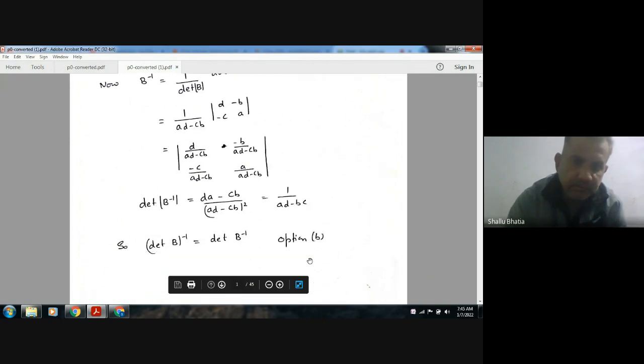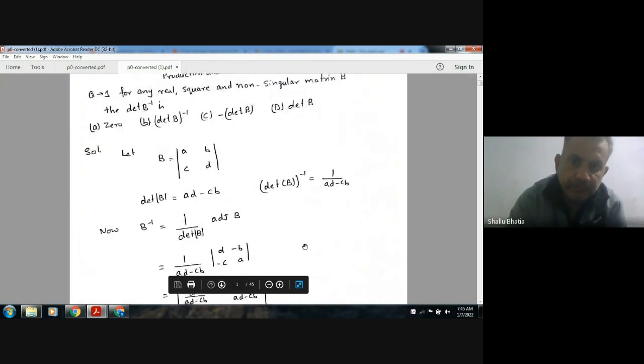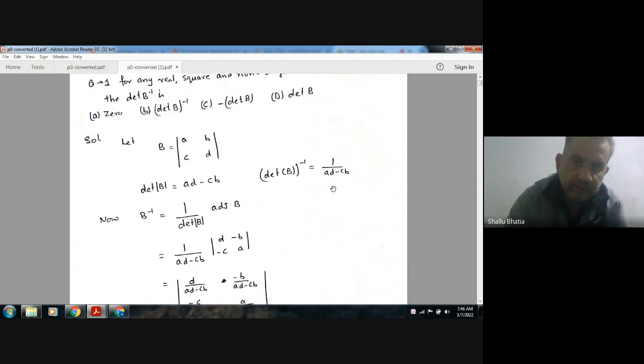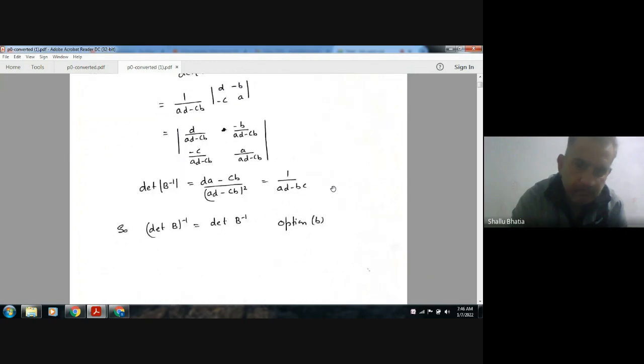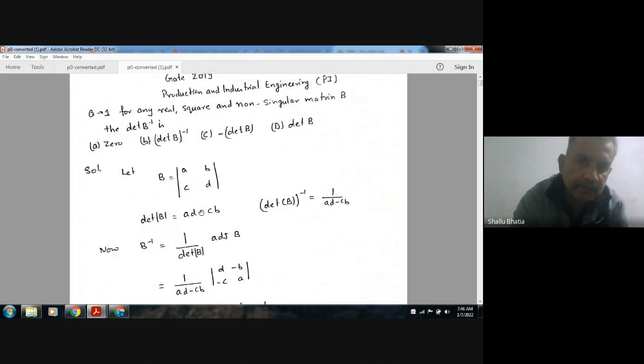So the determinant of B inverse is equal to 1 by AD minus CB. So our answer B is the correct option.